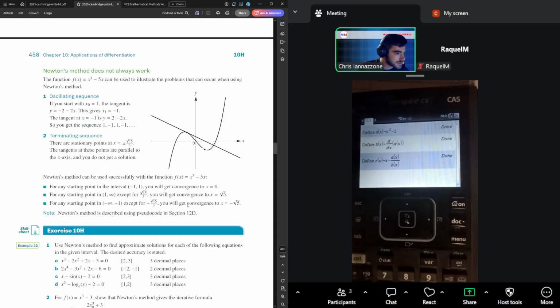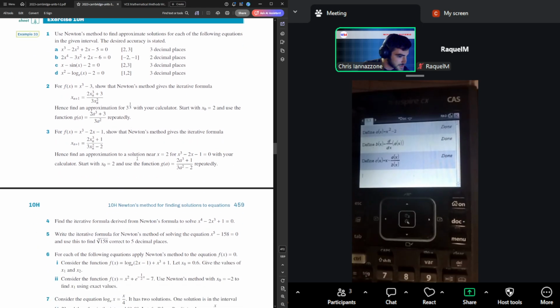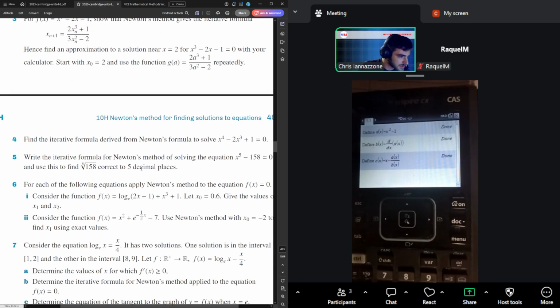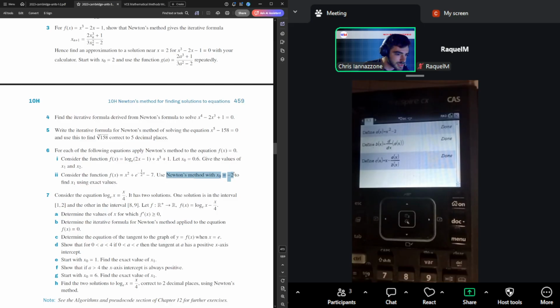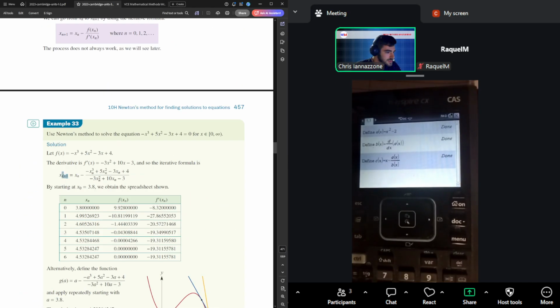Like, let's see, one of the questions, 6ii, says to start with x naught equals -2. You can see how it's got that subscript on it. n is just going to be the iteration of the current guess that you're using. xn plus 1 is just whatever the next guess would be.